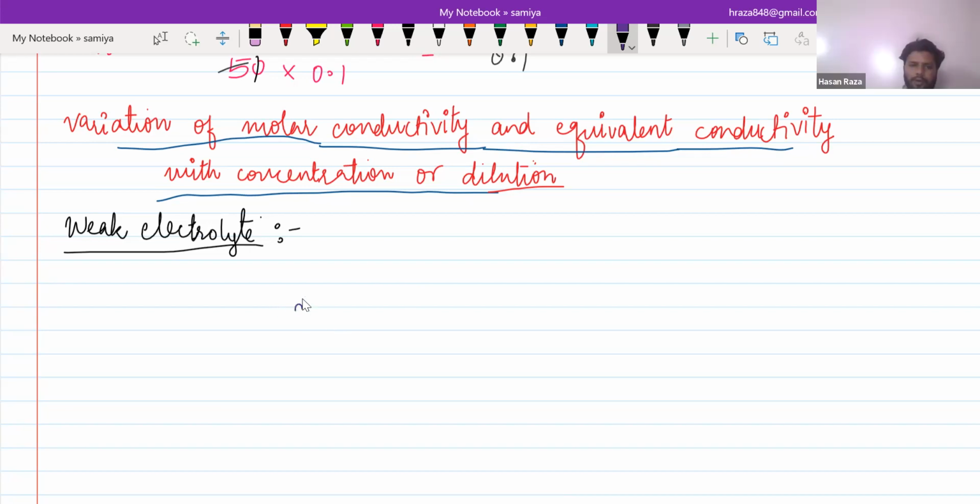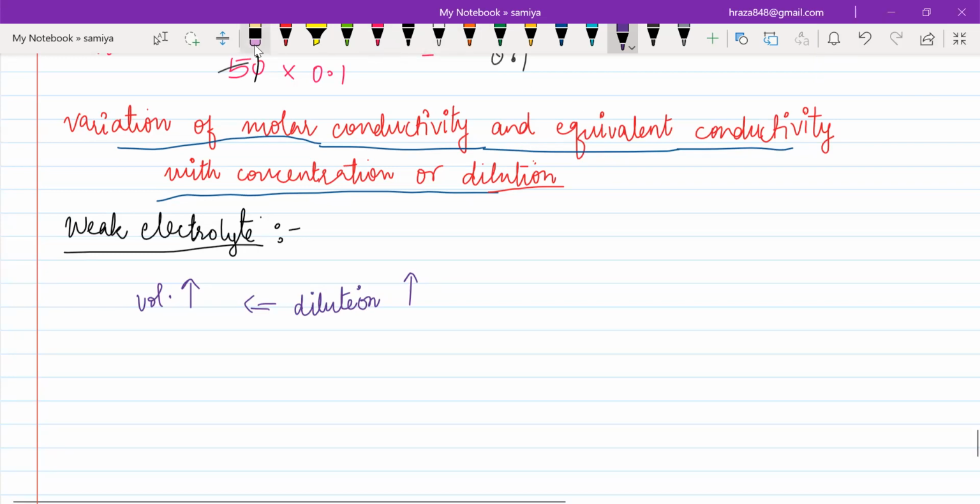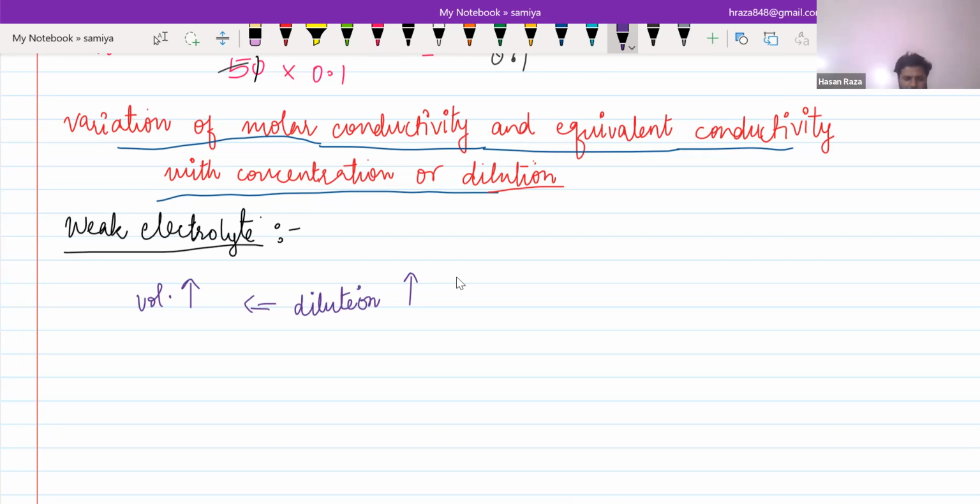Now see, if you are going to dilute a weak electrolyte, that means dilution takes place. If you are going to dilute a weak electrolyte, that means volume of solution will increase or decrease? Volume of solution will increase. Yes, increase. Just answer me whatever I am asking. If volume of solution will increase, that means we can say concentration of solution will decrease.